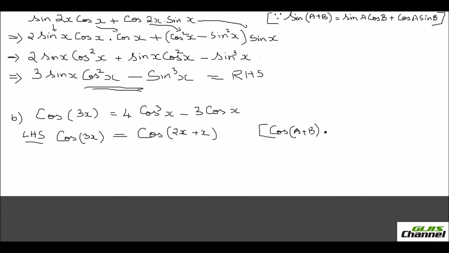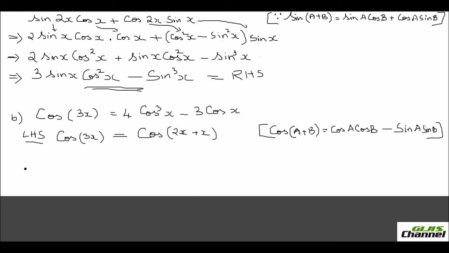It is equal to cos a cos b, this is plus, here for cos it is minus, okay? Sine a sine b, okay? So I'm going to apply this here.